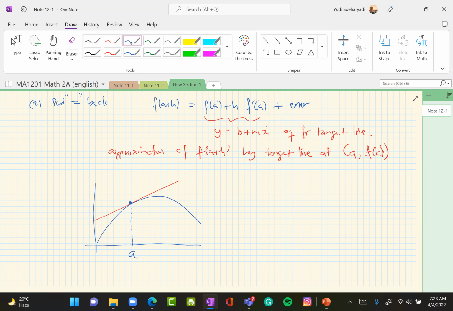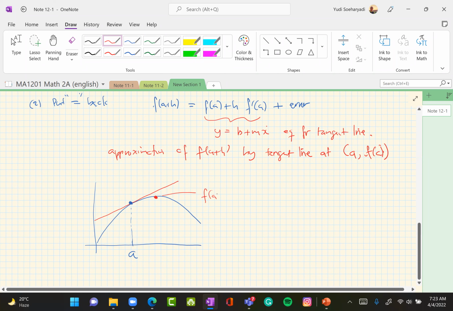So this is f of a plus h. It is approximated by this value, that is f of a plus h times f prime of a. So what is the error? The error is this one.